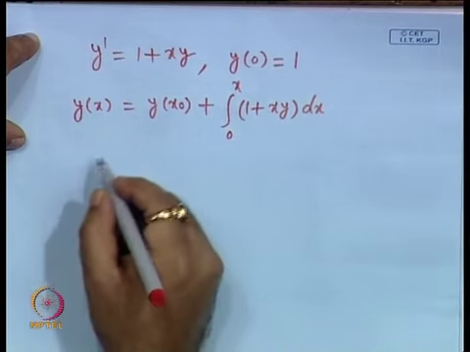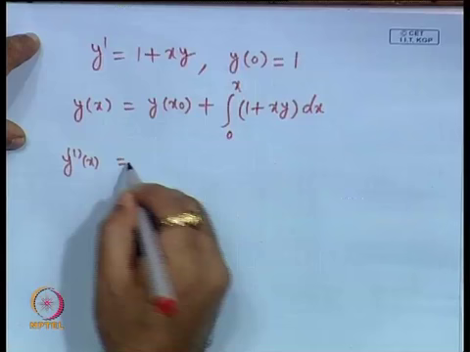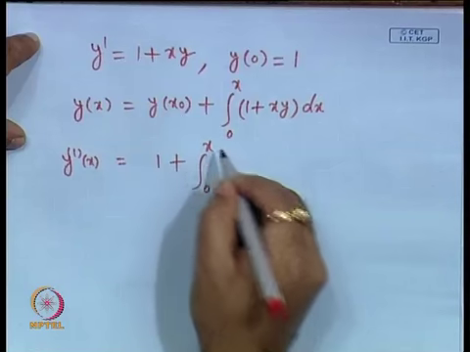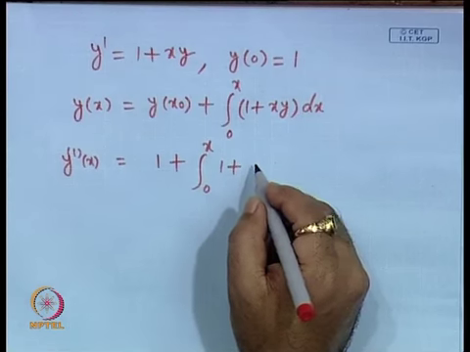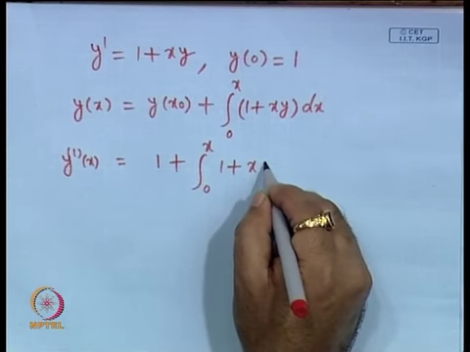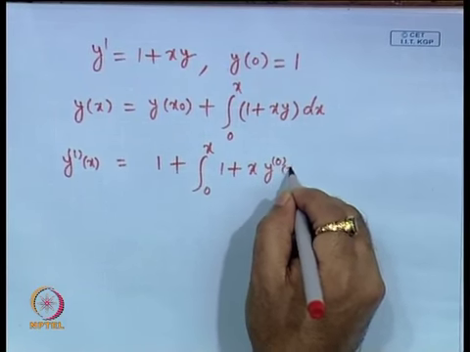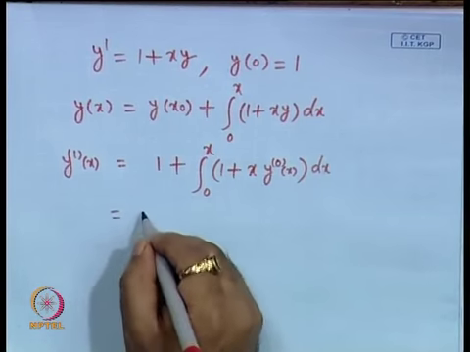So, y 1 of x would be y of x 0, which is 1, plus integral 0 to x of 1 plus x y 0 of x dx.